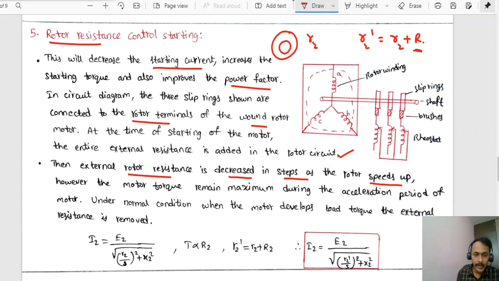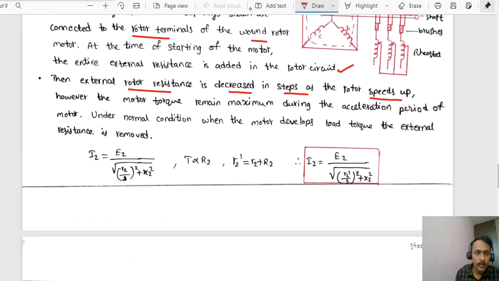Now the current I2 drawn by the rotor will be given by the voltage divided by the impedance. As we are familiar, V equals IZ, so current I equals V divided by Z, where Z indicates the impedance. With respect to the rotor side, the current is E2 divided by the square root of (R2 by S) whole square plus X2 square.